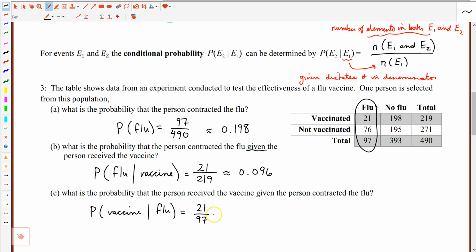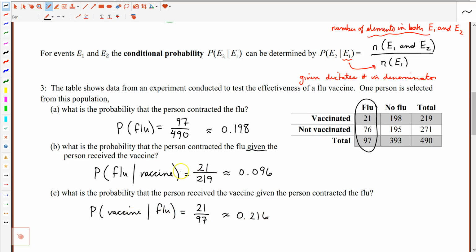So in this one, if we take this out to 3 decimal places, this will be 0.216. What we're seeing here is that if you know that the person has the flu, there's going to be a 22% chance they had also gotten the vaccine.